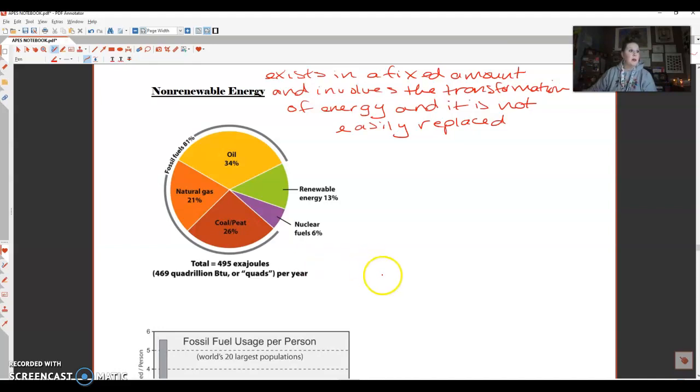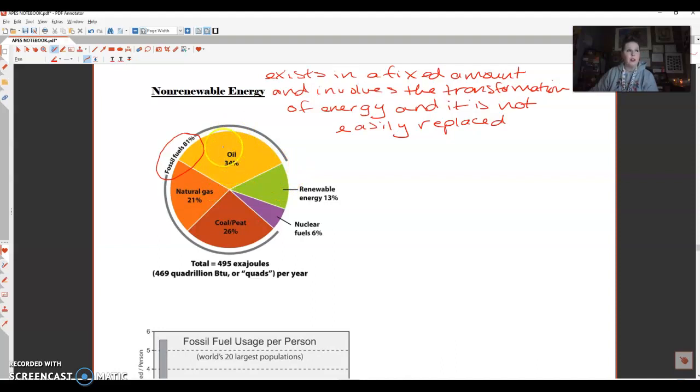Okay, so if we look at this pie chart, this is the breakdown of energy globally. Okay, so fossil fuels account for 81% of the energy that is currently used globally. Now, it's extremely lopsided, and we know that the burning of fossil fuels does contribute to climate change and causes pollution. So hopefully we're going to see this number start to shrink with more technology and development in renewable energy sources.